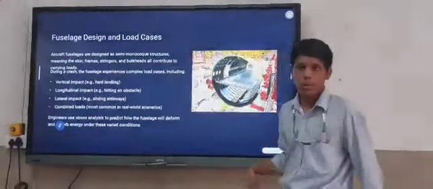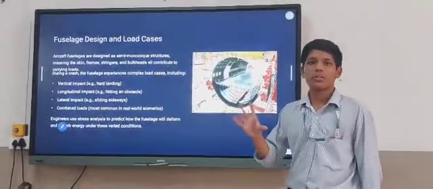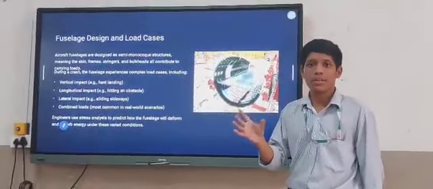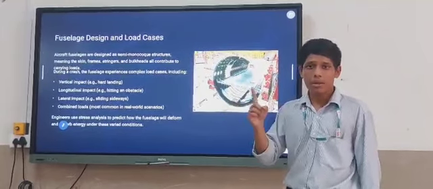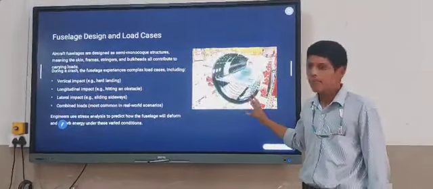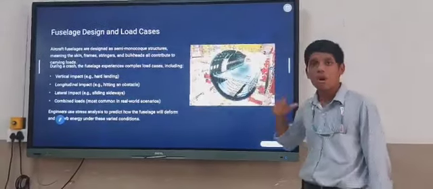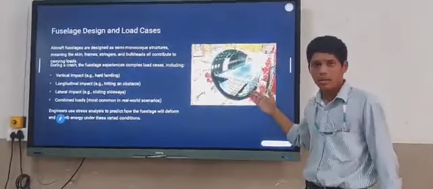And the fuselage design and load cases. Fuselage design is a very complicated process in which the fuselage is designed so that it can handle very high pressures as well as low pressures and maintain its structural integrity with a long lifespan while giving optimum performance while holding several lives.